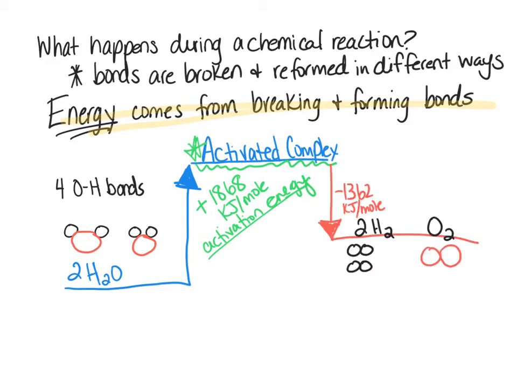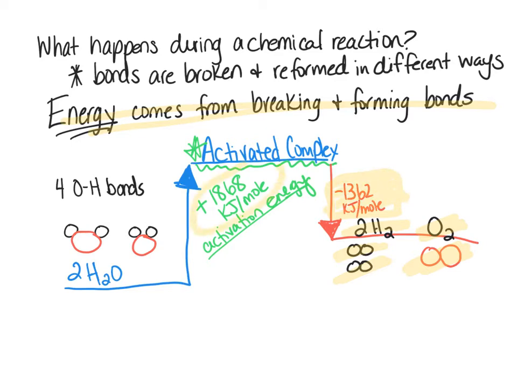So the products that I have now have 2 hydrogen bonds and 1 double oxygen bond that forms. And so we have new products that have been made, new bonds that have been formed. And that process is going to release 1,362 kilojoules of energy.